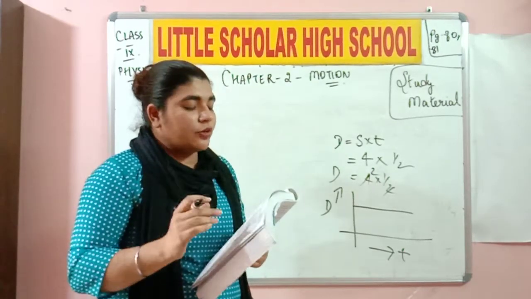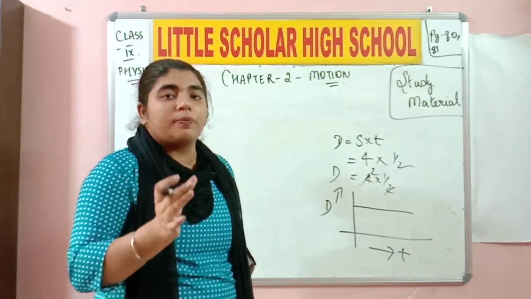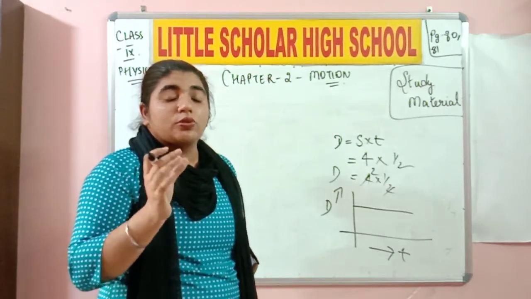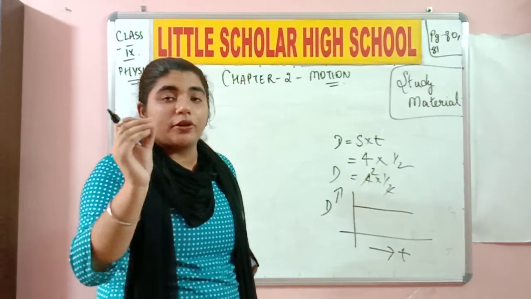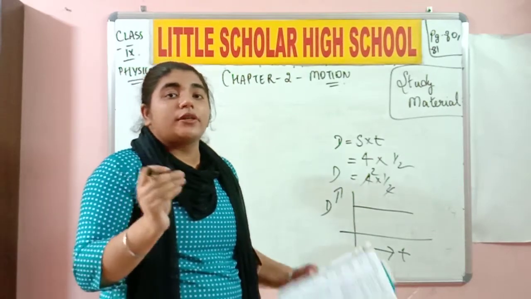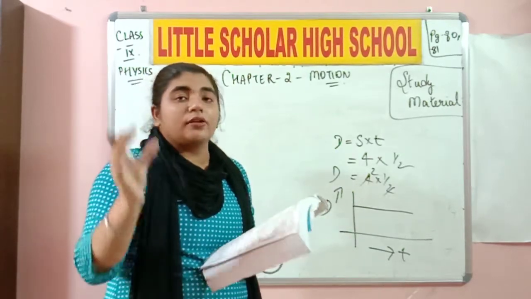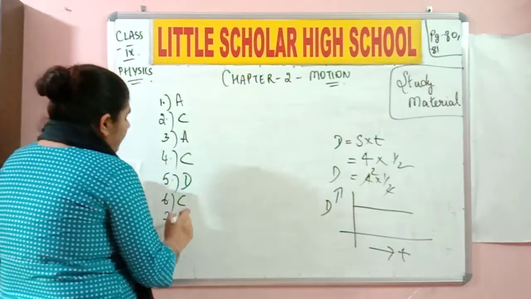No, that's not enough. Magnitude of the displacement of the body. Displacement means distance traveled in a particular direction. So how much distance has been traveled in a particular direction is nothing but how much displacement has happened. That is what the area under velocity is going to give you. Do you understand? So the seventh one is going to be C.